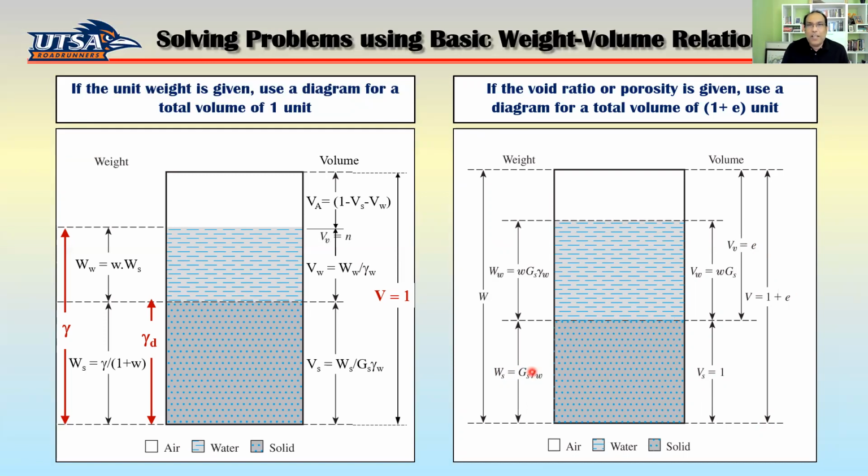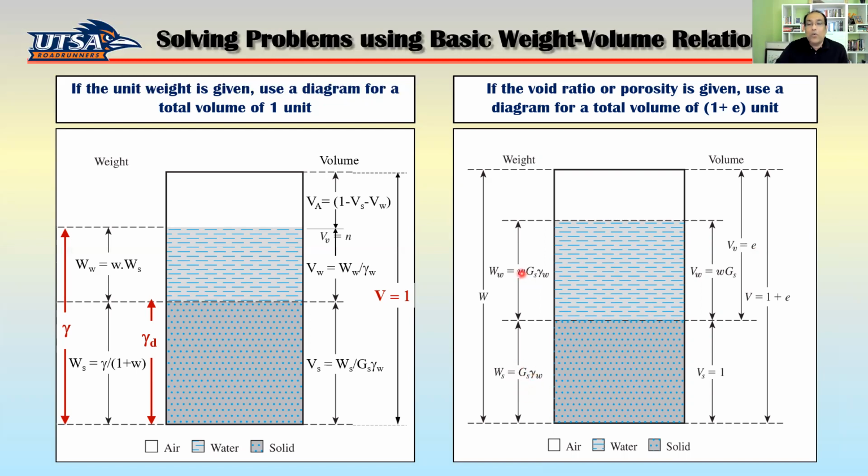By definition, your GS, the specific gravity of soil solids, is basically how many times more weight than water, right? So if GS is 2.6, this means the weight of solid is 2.6 times the weight of water. So you can get that easily from there.